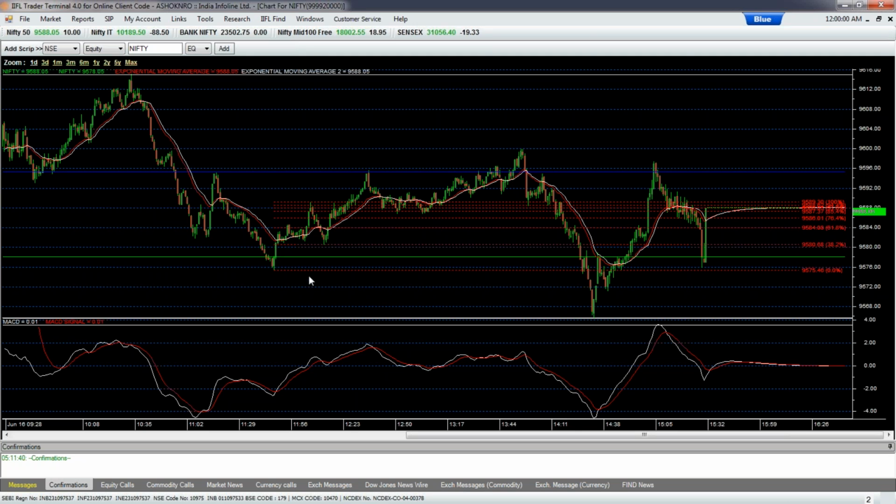9572 and setting a target. We will be buying over here, right? We will be looking for a target of at least 9584 to 9589. So we will be looking for a target of at least 5 points over here, right?